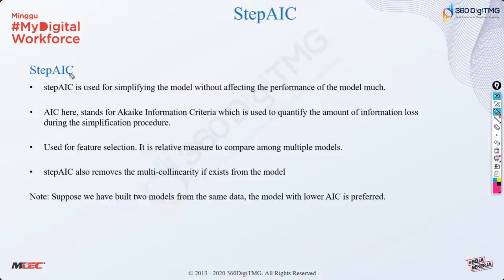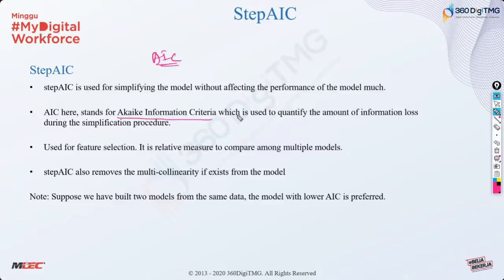Whatever variable you are capturing, it captures that step AIC. Here we are talking about AIC. Step AIC means you're trying to look at the AIC value stepwise. AIC stands for Akaike Information Criterion. Criterion means plural, criteria.